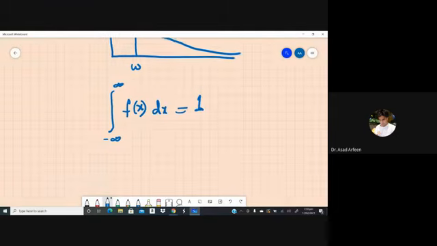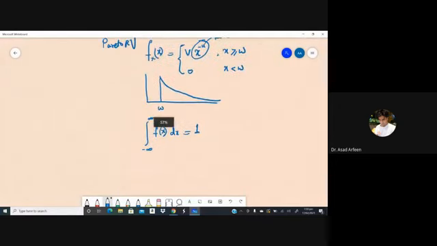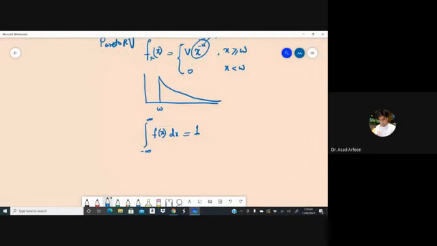Okay, so we can put the value here. This is the general fact: the area under the entire PDF, because it covers all of the probability values, is always 1.